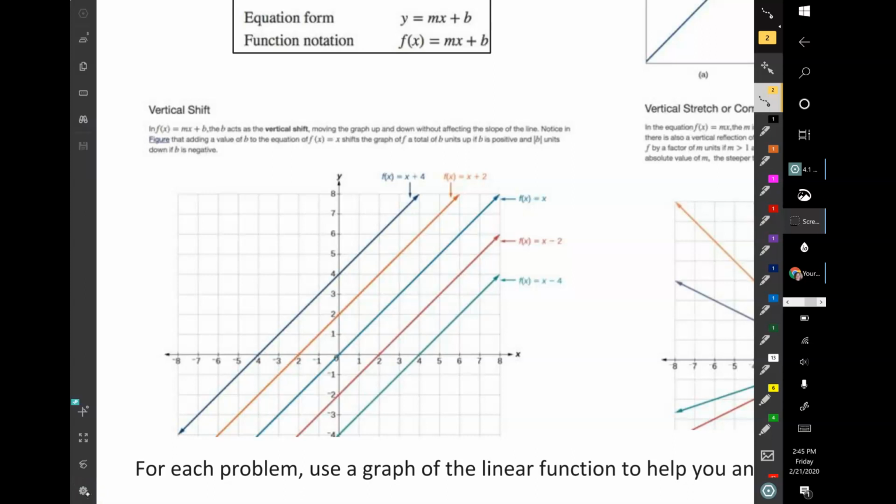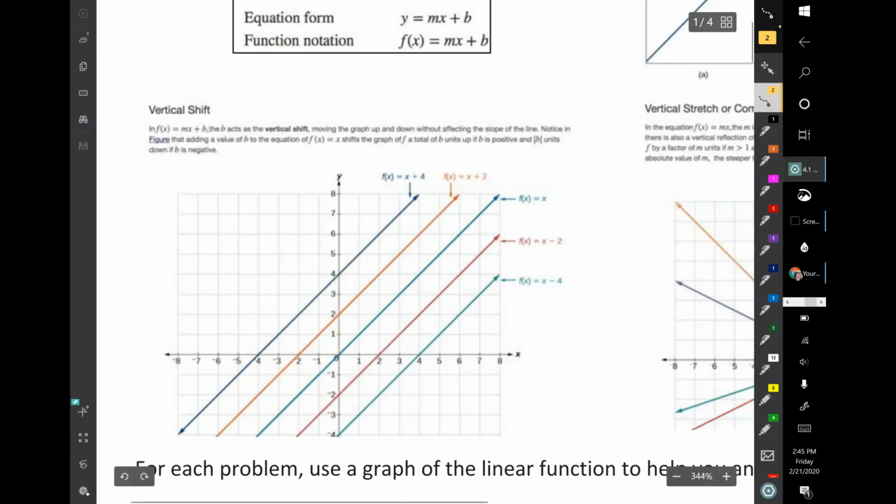So if we look at this red line, we have f of x equals x minus 2. That means my original point that was at the origin on my parent function, f of x equals x, shifted down 2 units. This dark navy blue, f of x equals x plus 4, you can see that shifted up.